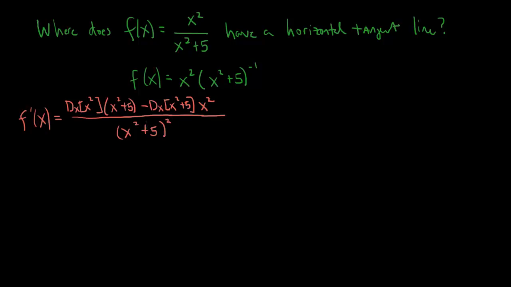Now that bottom function is a binomial. Make sure to square the entire bottom function. Alright, so let's take these little derivatives.